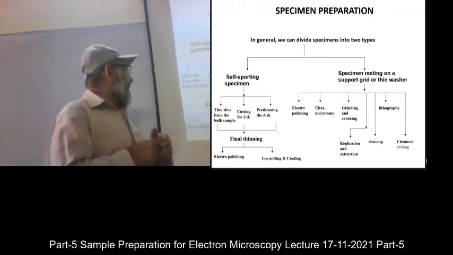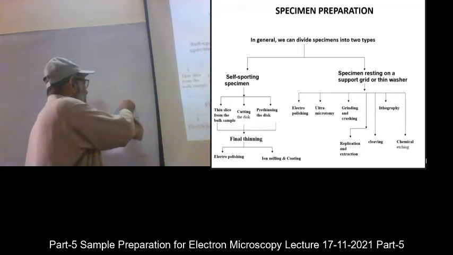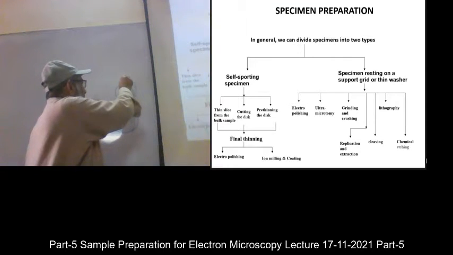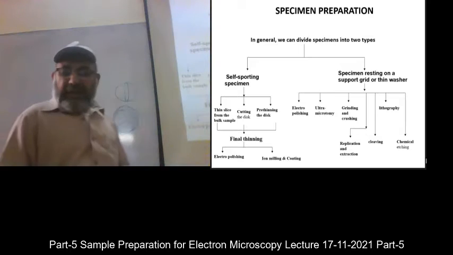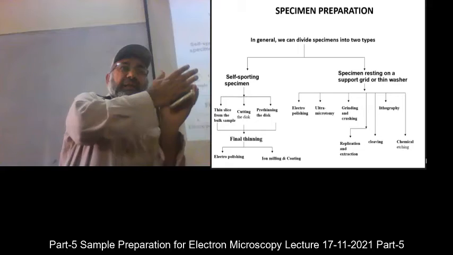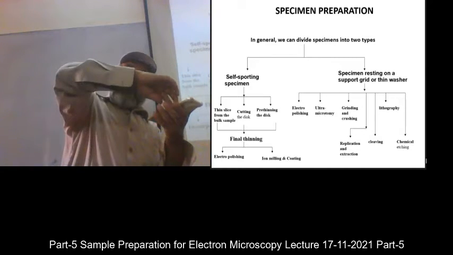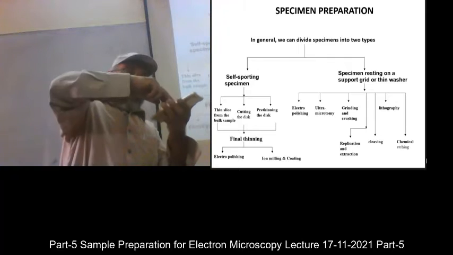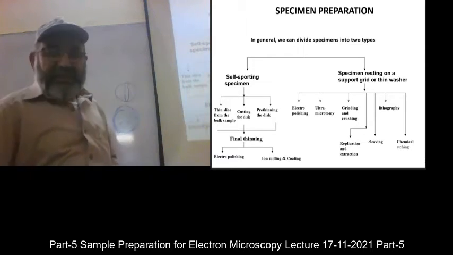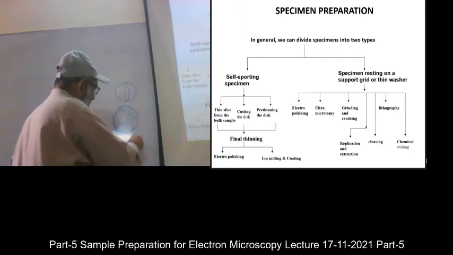Then pre-thinning of disc. Pre-thinning of disc means, as I told you, that you put the sample on the dimpler and a wheel is running like this. The sample is rotating like this. So when the wheel is running like this and the sample is rotating like this, then it creates a dimple like this.